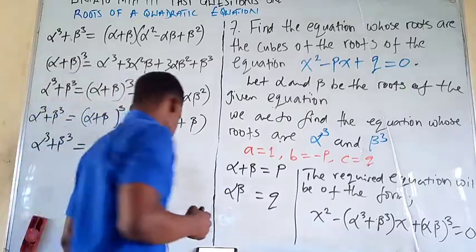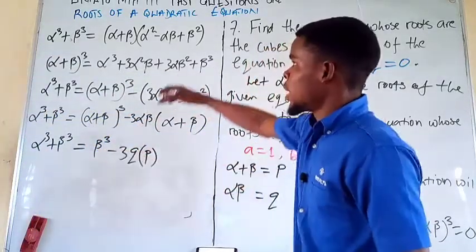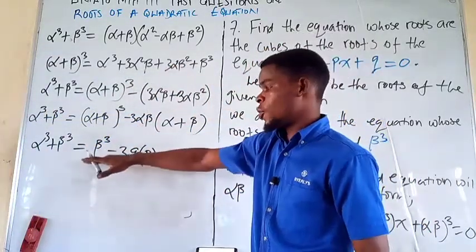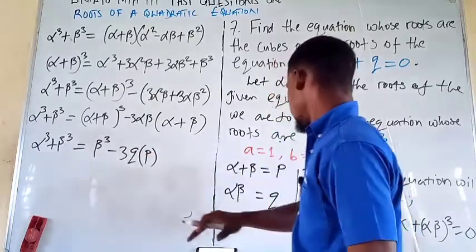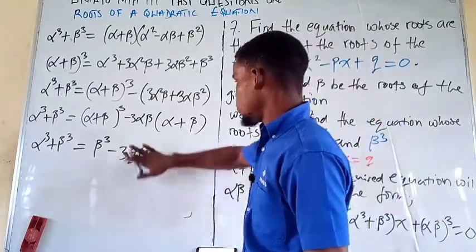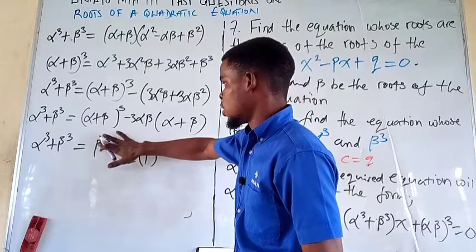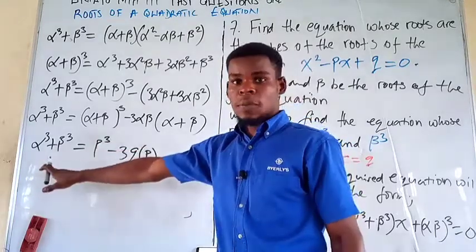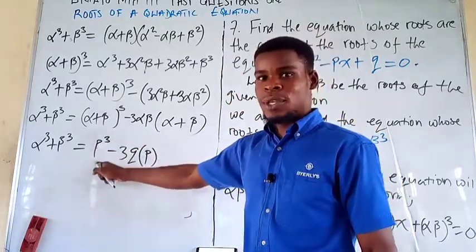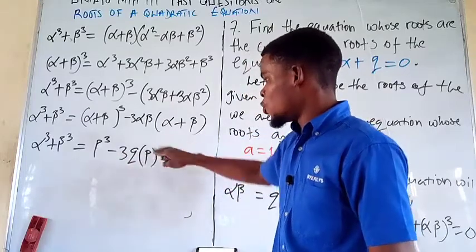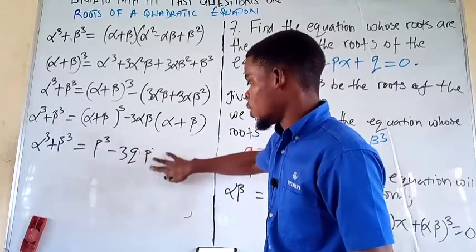So we are saying that their sum is P, right? Yeah, it's P. So alpha cubed plus beta cubed is P cubed minus 3QP, or PQ anyhow.